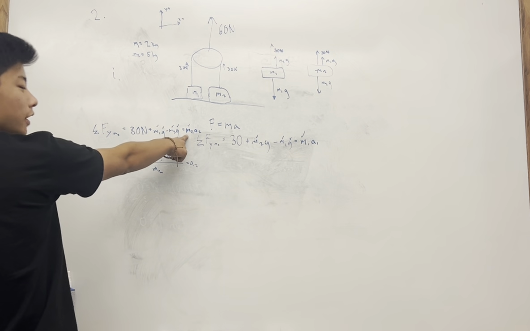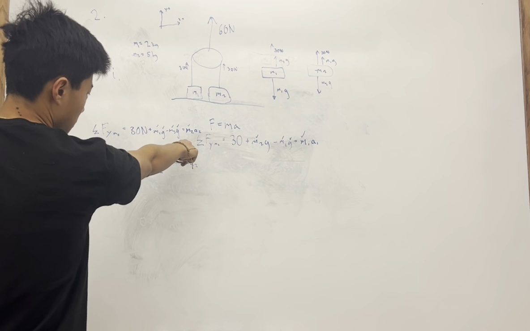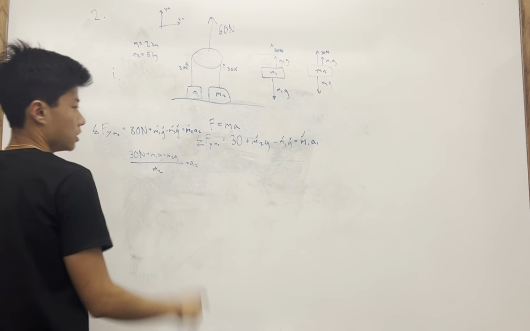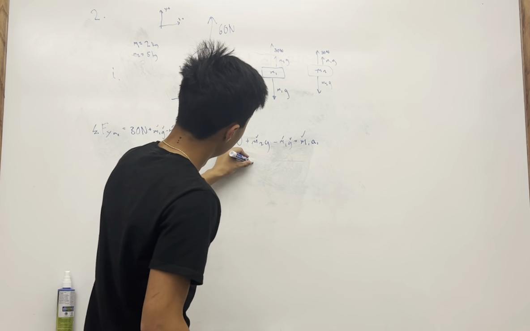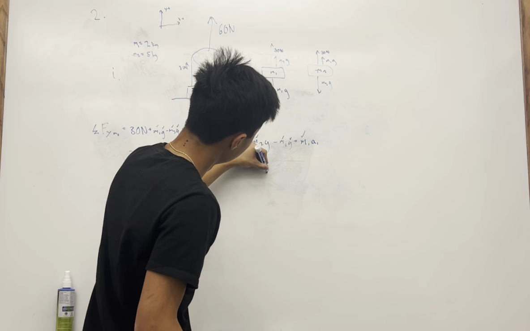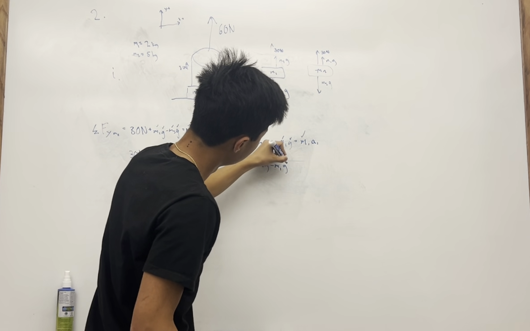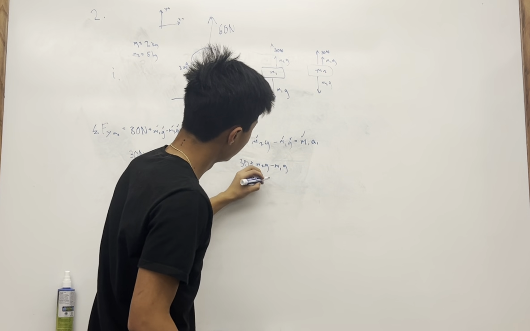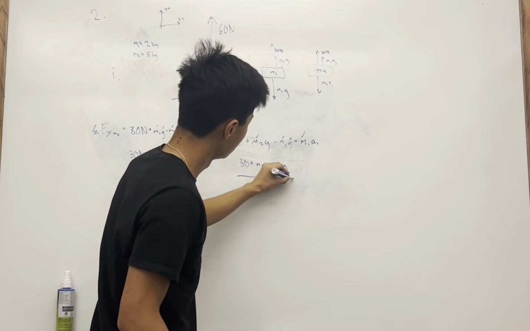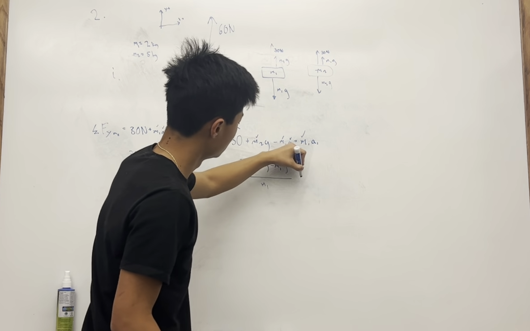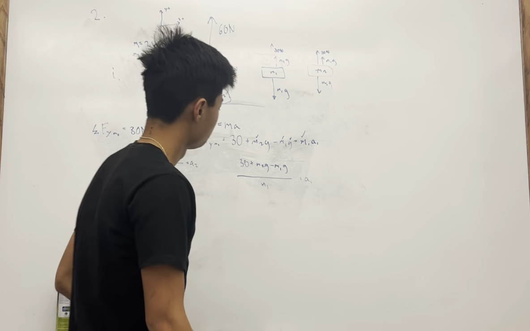All I did is I divided both sides by mass 2 to isolate acceleration. And I'll do the same for the other side. 30 plus mass 2g minus mass 1g, all divided by mass 1 equals a1.